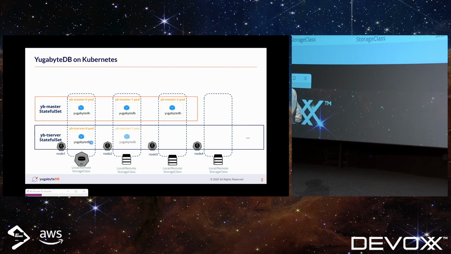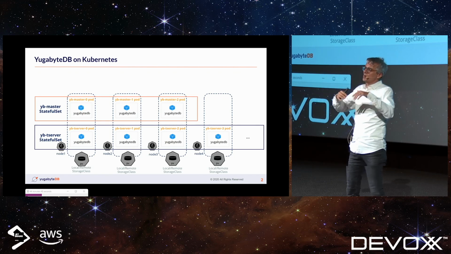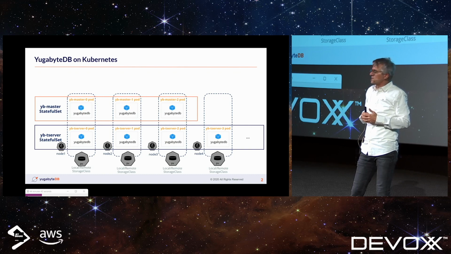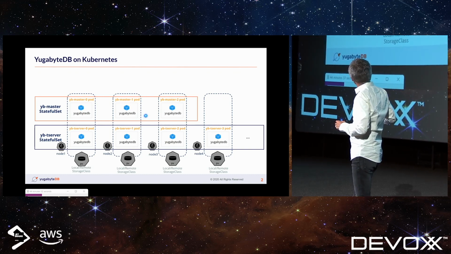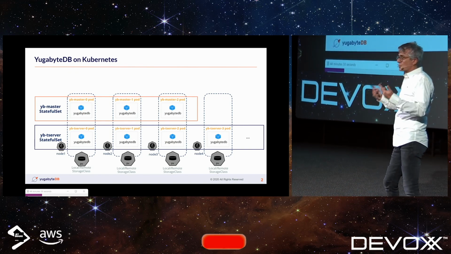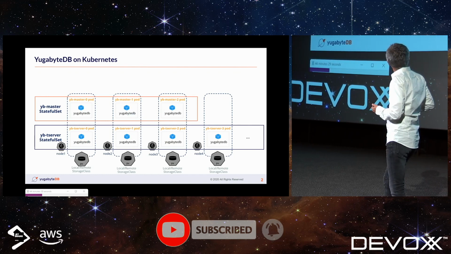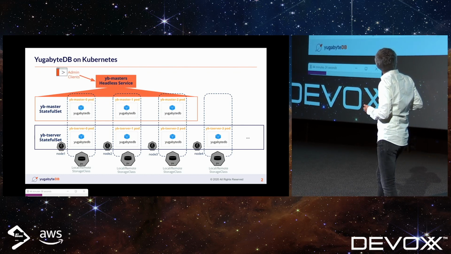But where the data will be is the T server, T for tablet server. Tablet is the name of the shard, the part of the table, so a set of rows, a set of index entries that are distributed. The tablet server is the stateful set that will scale with the workload, with the volume of data. And basically, they will have a persistent volume. That's mostly what we will install.